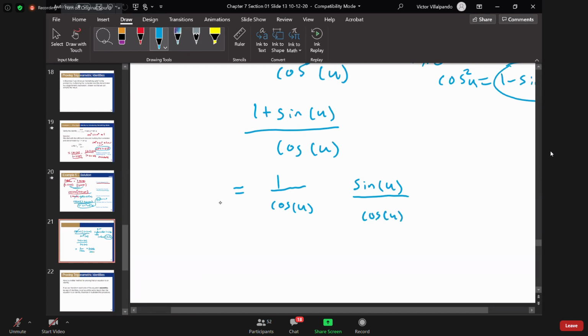And then I want you to get your reciprocal identity and help me out here. I want you to tell me what 1 over cosine of u is by the reciprocal identity. I want to write it as a trig expression that's not a fraction. So look at your reciprocal identity right now.